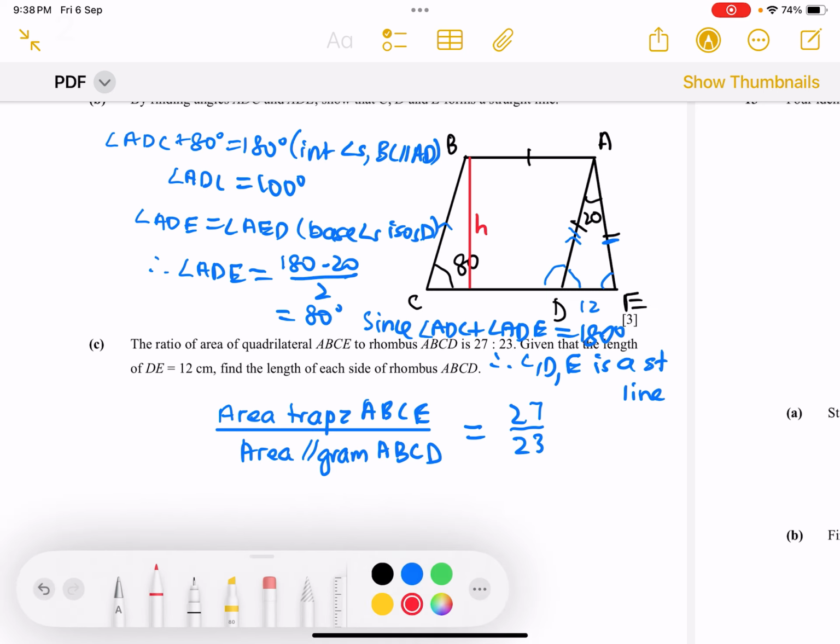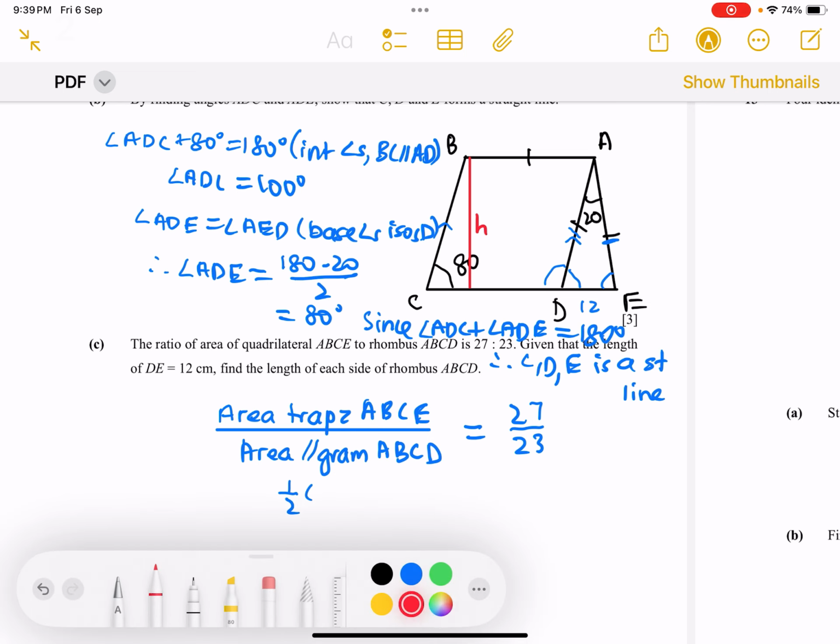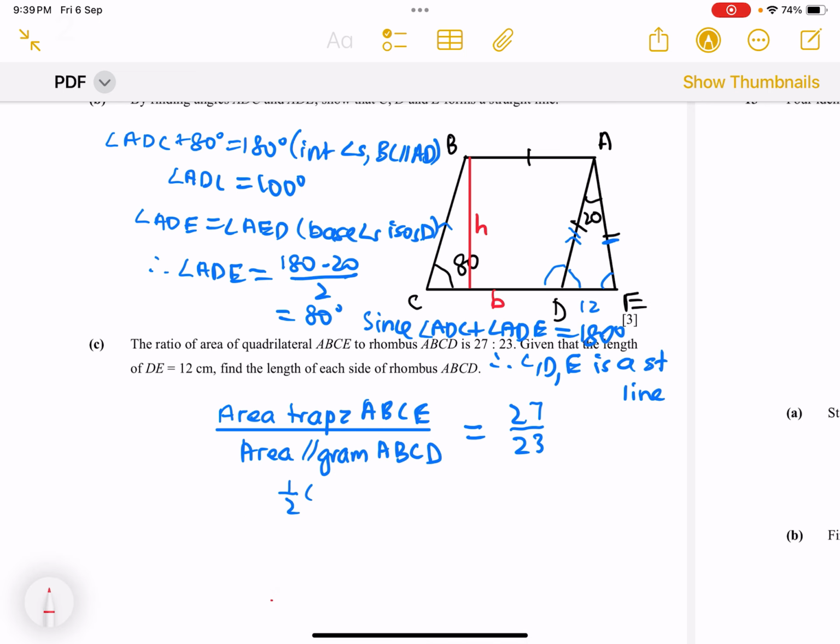introduce a height, and this height is the height for both the parallelogram and the trapezium. So therefore, we can say that the area of the trapezium is half the sum of parallel sides. We also are not given the sides, so we can let the side be b. So this side is also b.